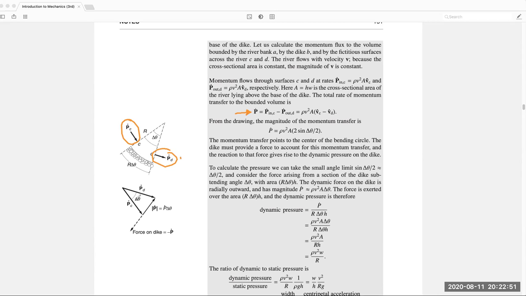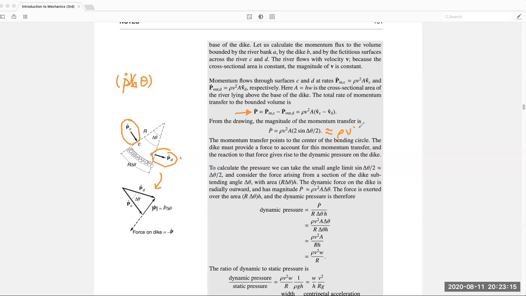If you draw the graph, you can find the change in the momentum to be p dot times delta theta.